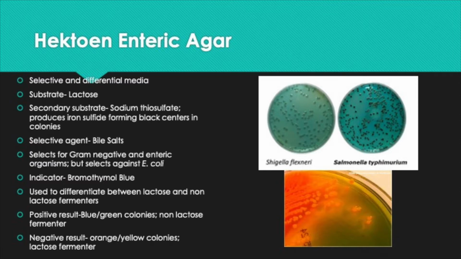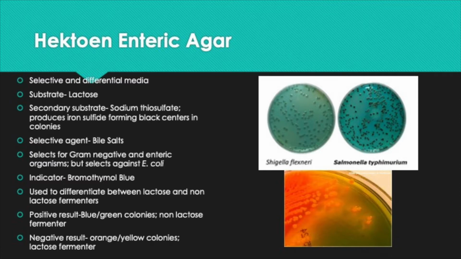Because for HEA, we are looking for different enteric pathogens other than E. coli, like Salmonella and Shigella. So E. coli, we aren't looking for it anymore. So HEA actually selects against E. coli, even though it is a gram-negative organism. It selects against it. So E. coli is not going to grow on HEA. That's the only gram-negative organism that's not going to grow on HEA.